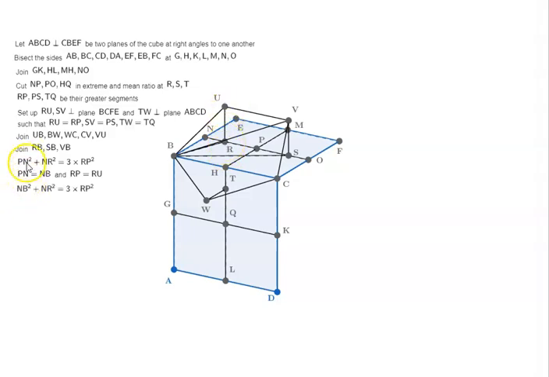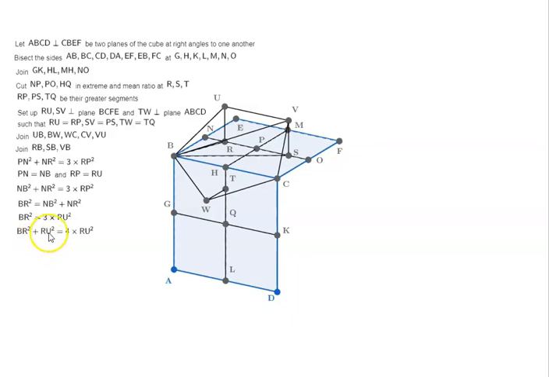So we do the necessary substitutions so that this becomes NB square plus NR square is equal to 3 times RP square. BR square is equal to NB square plus NR square because that's a right angle. So we again do the substitution and say BR square is equal to 3 times RU square because again RU is equal to RP.